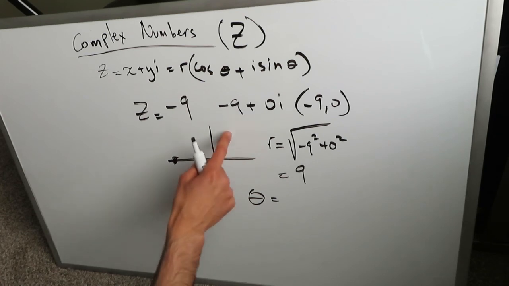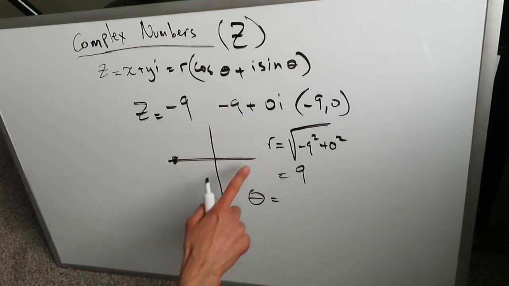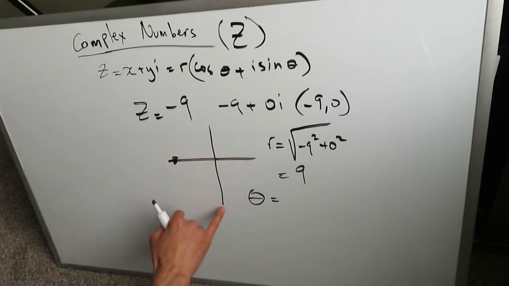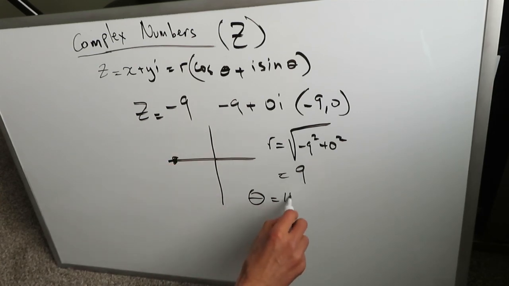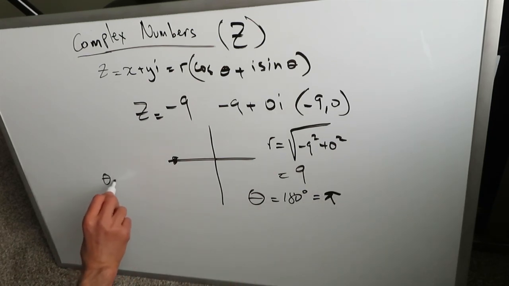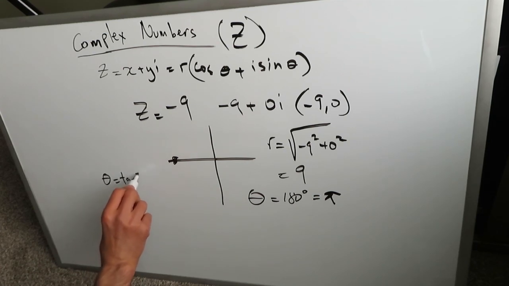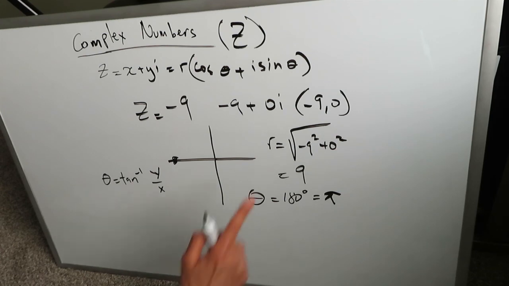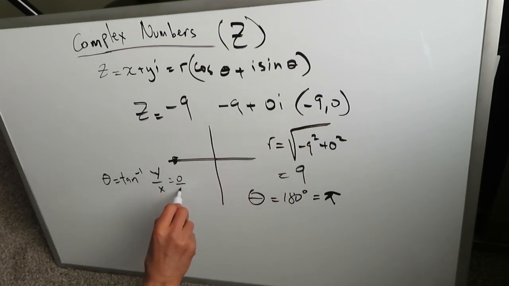Theta, not too hard. We don't have an intermediate angle over here. We have something right on the axis. Here's 0 degrees, 90 degrees, 180 degrees, 270 degrees. My theta is 180 degrees, which is what? Pi. You could have calculated it out using your inverse tan. Theta is equal to inverse tan y over x. What's my y value over here? 0. 0 over 9.